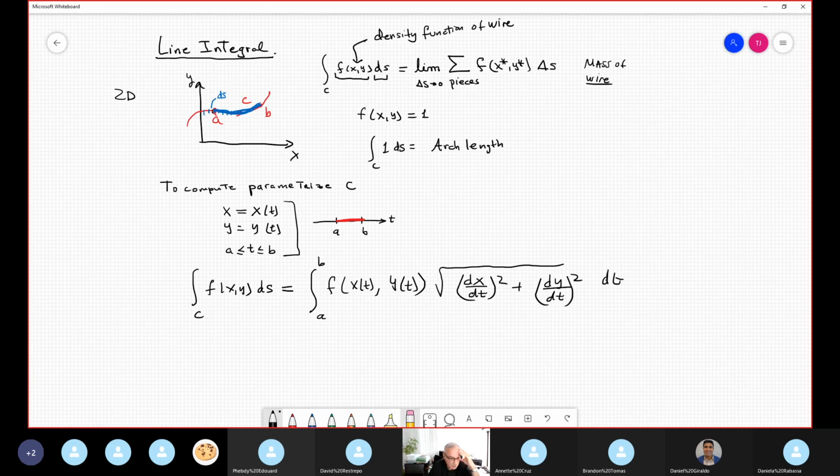And this guy is obviously the arc length, the infinitesimal arc length. When you chop this, split infinitesimal arc length. And this formula is no surprise. You saw it before in calculus 2. Okay? But this is in 2D. In 3D, it's a little bit different.